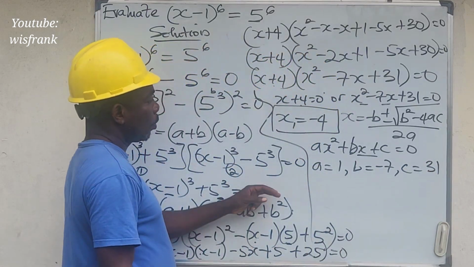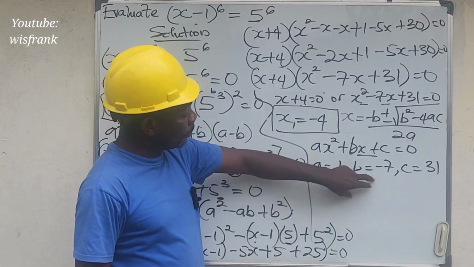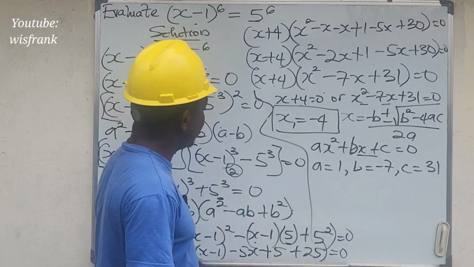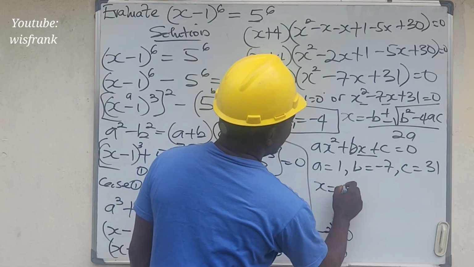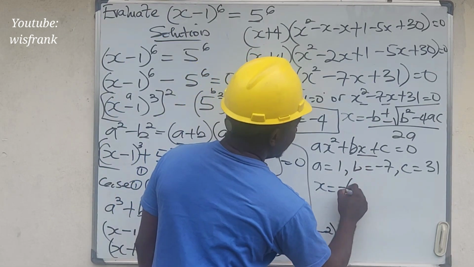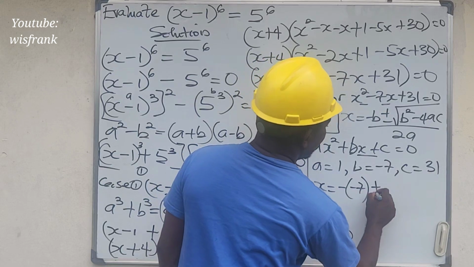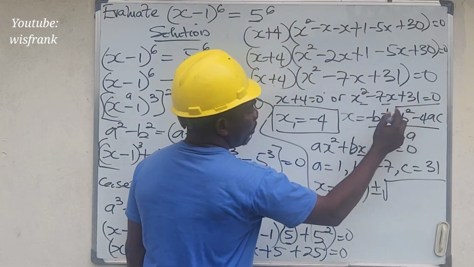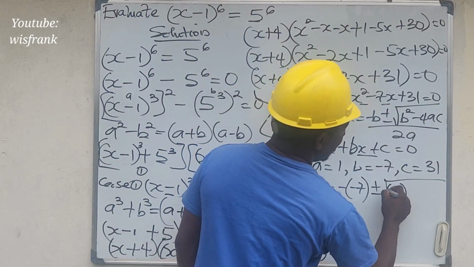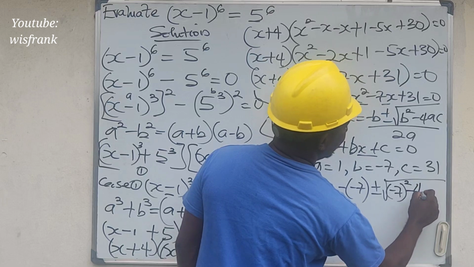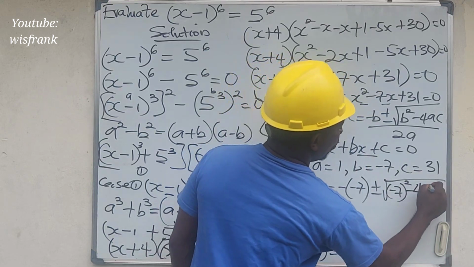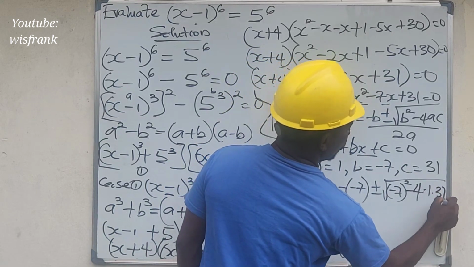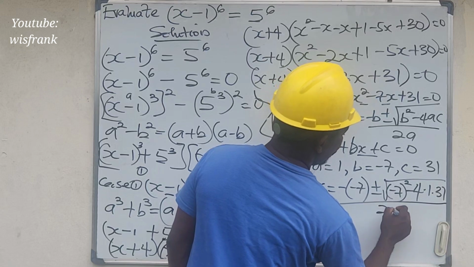So in this case, we are going to substitute these parameters into the quadratic formula. We have x equals to minus b, which is minus into minus 7, plus or minus square root of b to the power of 2, which is minus 7 all to the power of 2, minus 4 times a. Our a is 1, times 31, which is c, all over 2 times 1.